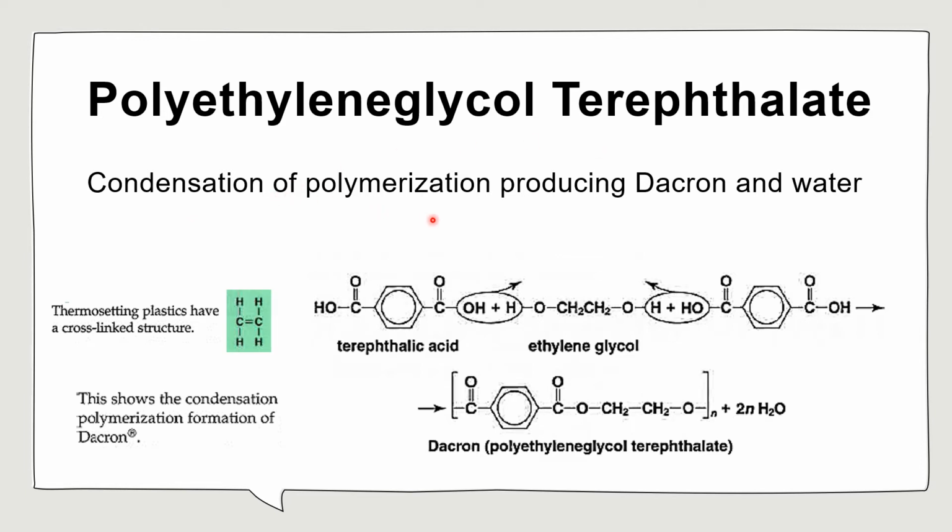Okay, and we're going to produce a long chain of Dacron. Other people call it Dacron. It doesn't really matter. Okay, and this is the molecular name, right? The whole thing, a really complex molecule right in there.